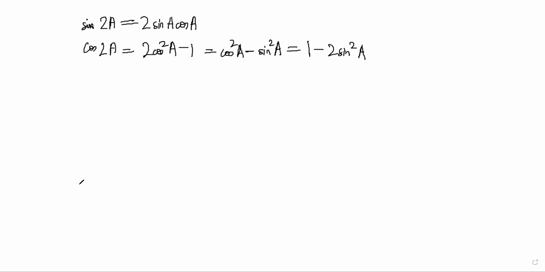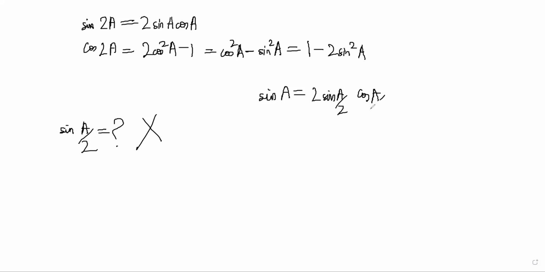You don't have to specifically memorize what is sine a by 2 and all. That is not important. What is important to know is sine a is 2 sine a by 2 cos a by 2. Convert from here, you can get half angles. That much is important.